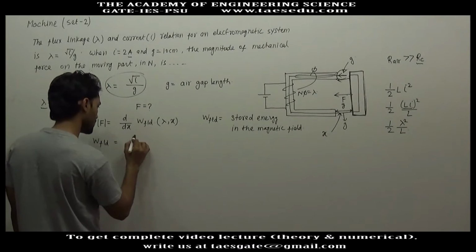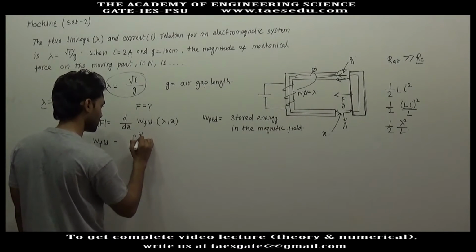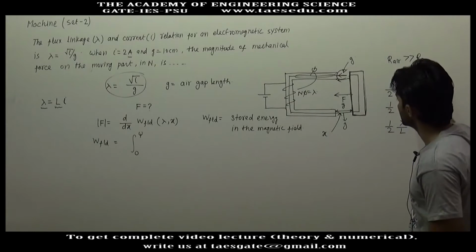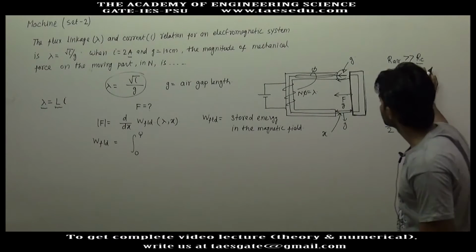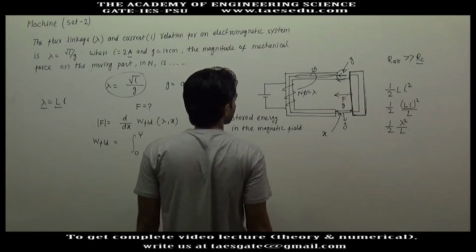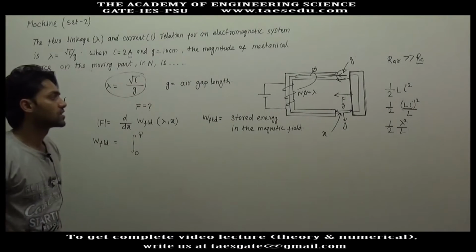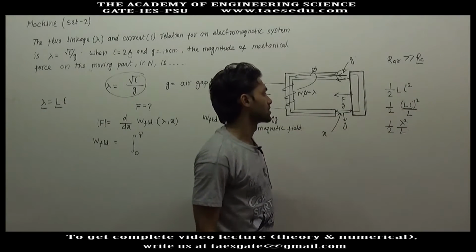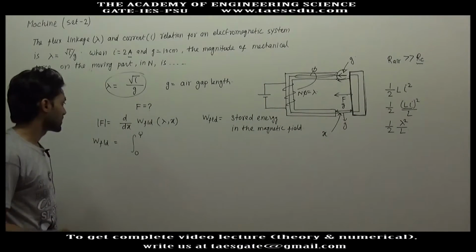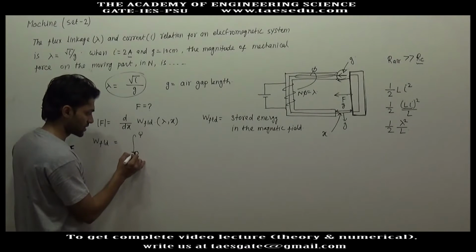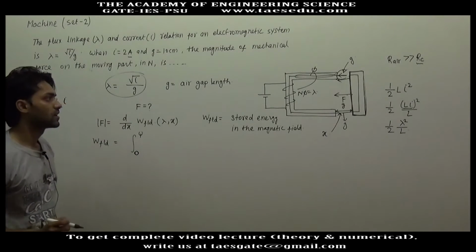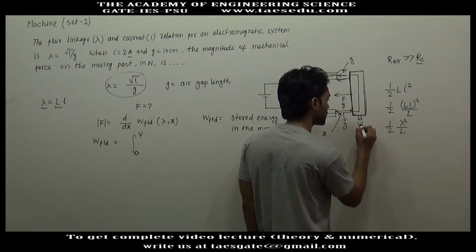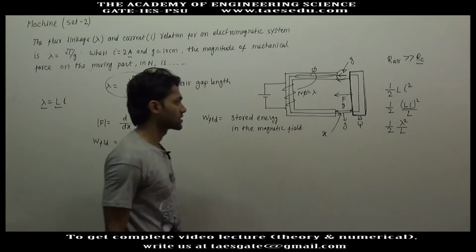This is integration from 0 to psi. When this bar was at infinity, there will be no stored energy. Okay, so we have to find out the total stored energy when this bar moves from infinity to this position. So when the bar was at infinity, the total flux linkage was 0, and when this bar is at this position, let's say it has the total flux linkage psi.